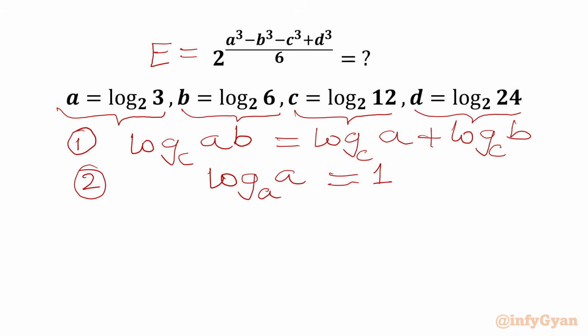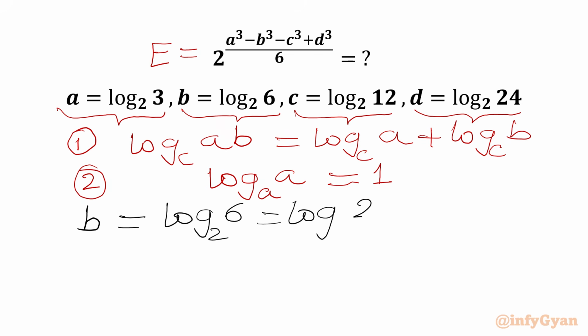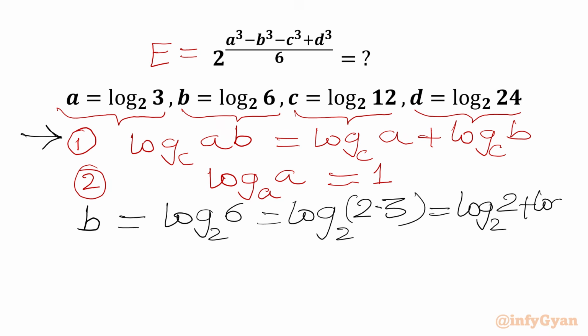Now I will calculate the value of b in terms of a. Is it possible? So b is log 6 base 2. We can factor 6 as 2 times 3. Base is 2. Now we will use property number 1 and we can write log 2 base 2 plus log 3 base 2.